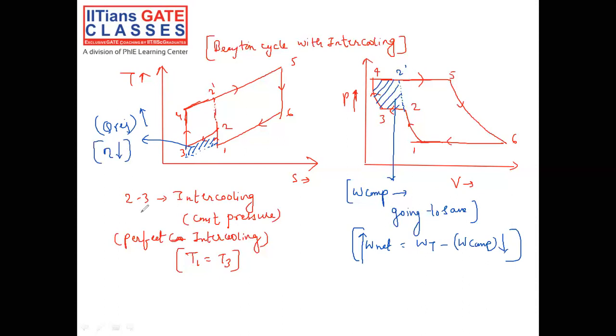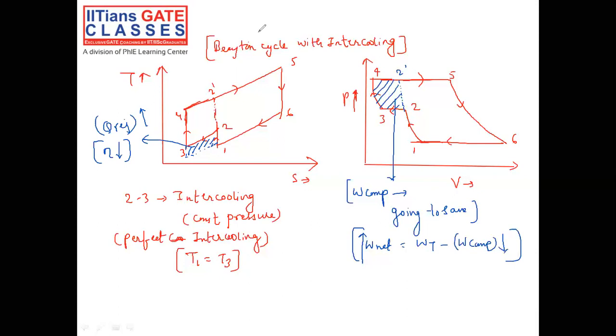Now you will think, why are we employing intercooling when the efficiency of the cycle decreases? Remember that in the Rankine cycle, efficiency is a very important term. But in the Brayton cycle, that is the gas turbine plant, efficiency is not that important. Getting the maximum work output from the system is very important. We are going to focus on getting the maximum net work from the gas turbine plant.